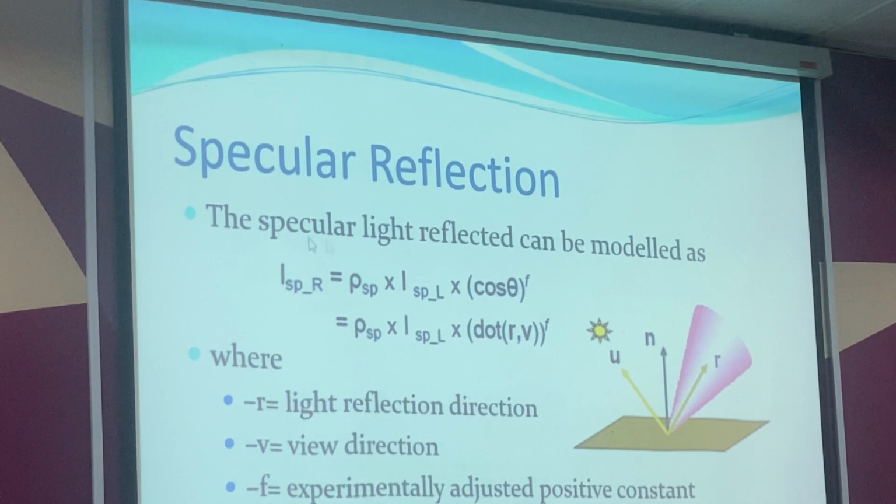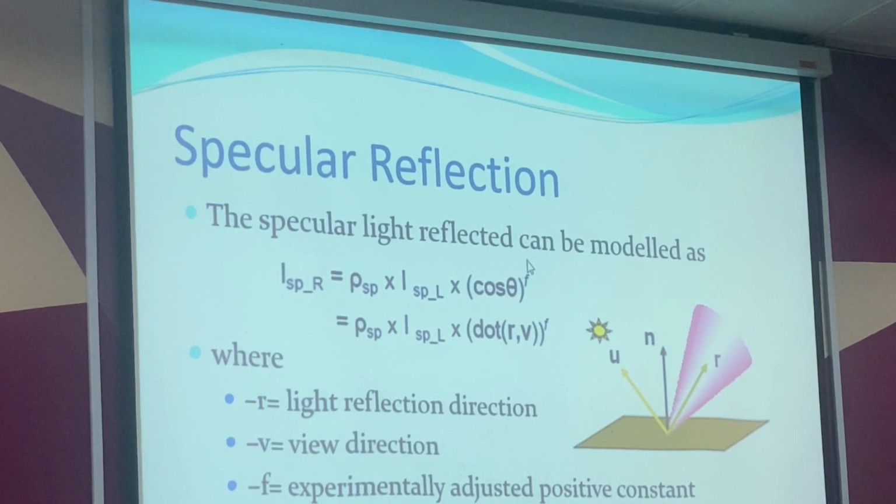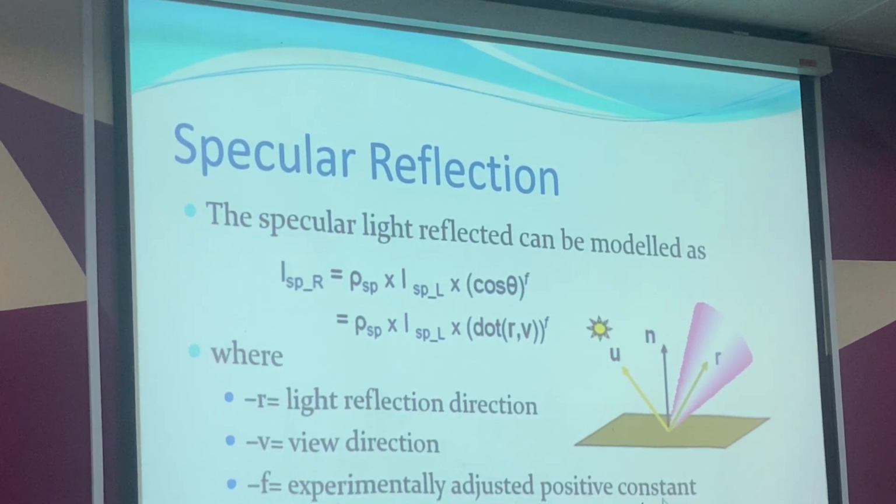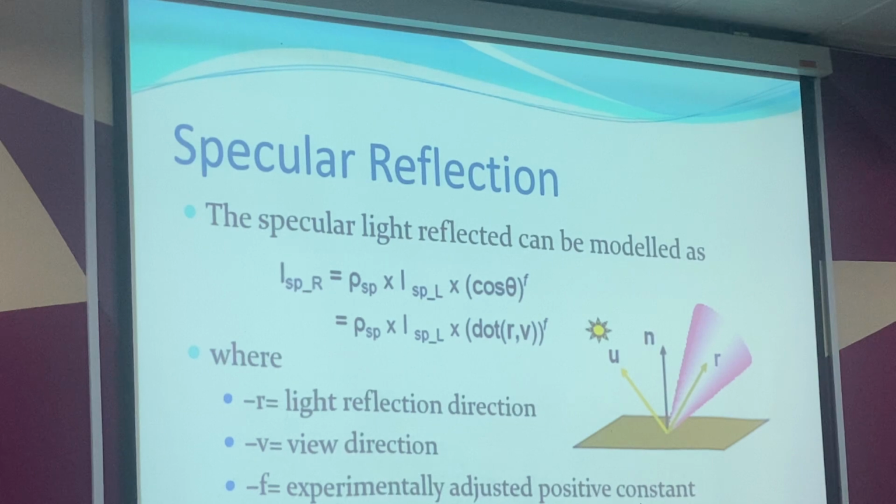The formula is the same as for diffuse lights to calculate the specular light reflection. The only difference is this f value. Your cosine has an exponent, the f here, an experimentally adjusted positive constant to make the reflection very high.